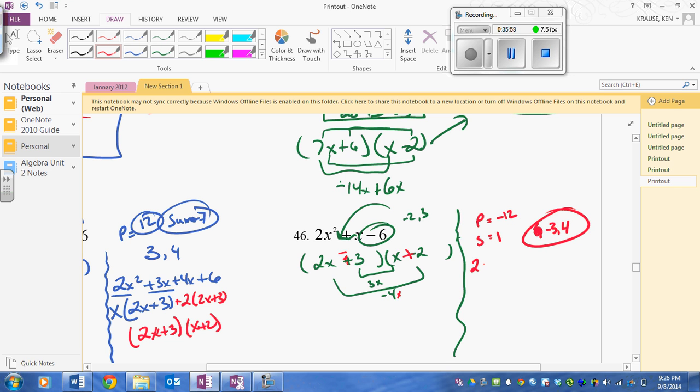So I do 2x squared minus 3x plus 4x minus 6. I group these two together, I take out an x, and that's 2x minus 3. If I take a 2 out of this, I'm left with 2x minus 3. So my answer is 2x minus 3 times x plus 2.